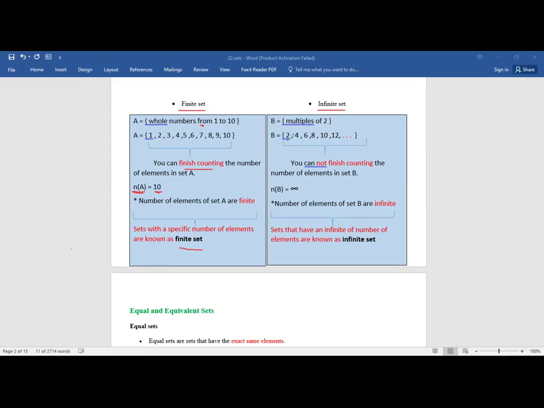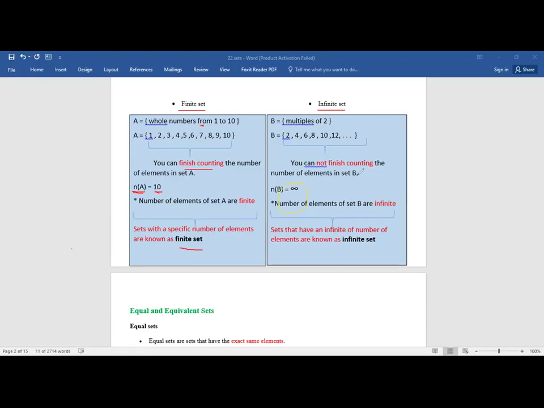Beginning from 2, you can write as much as you want: 2, 4, 6, 8, 10, 12, and so on up to infinity. You cannot count that.